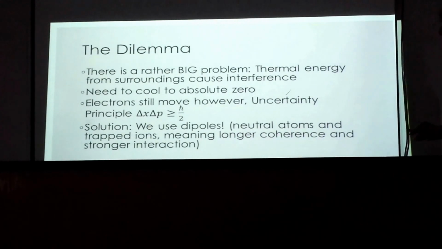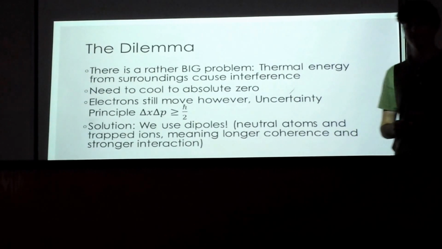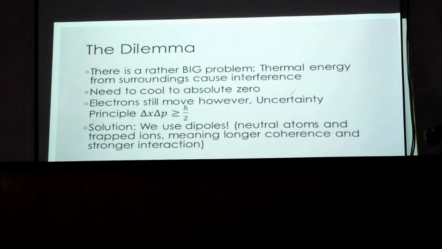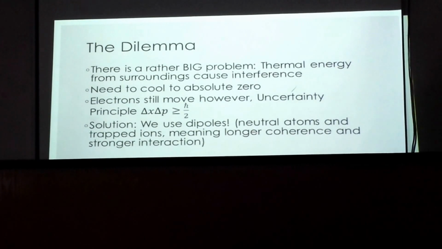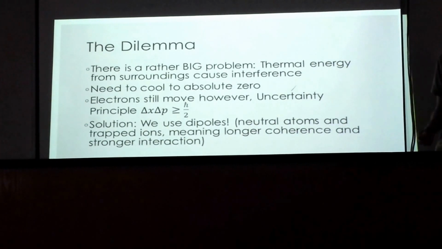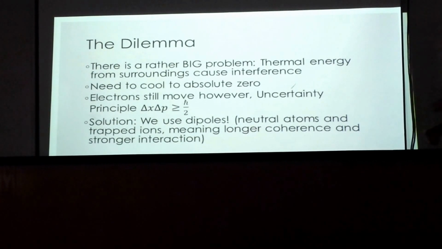There's quite a big problem with making a quantum computer or a quantum processor: there cannot be any interference from the surroundings, which is thermal energy. One little hint of thermal energy and the whole system is going to go bizarre.